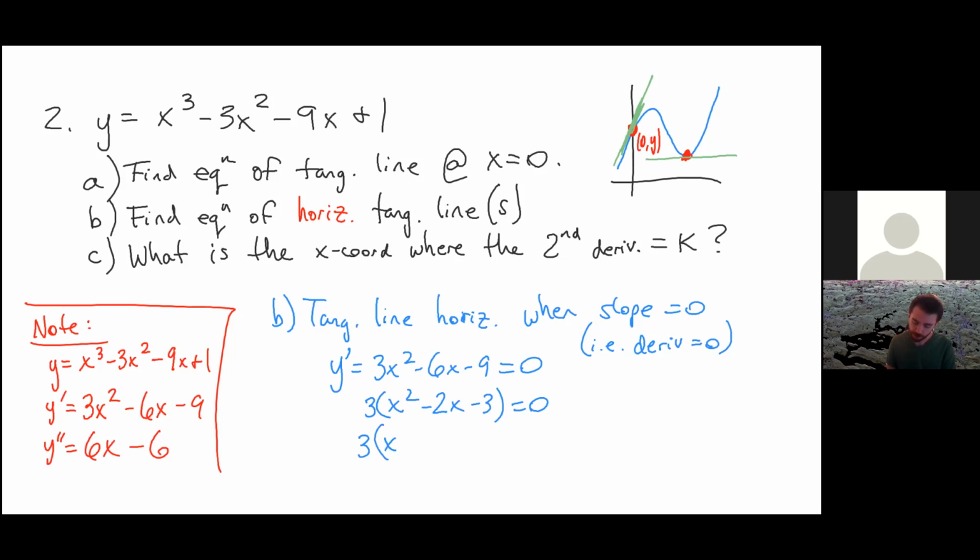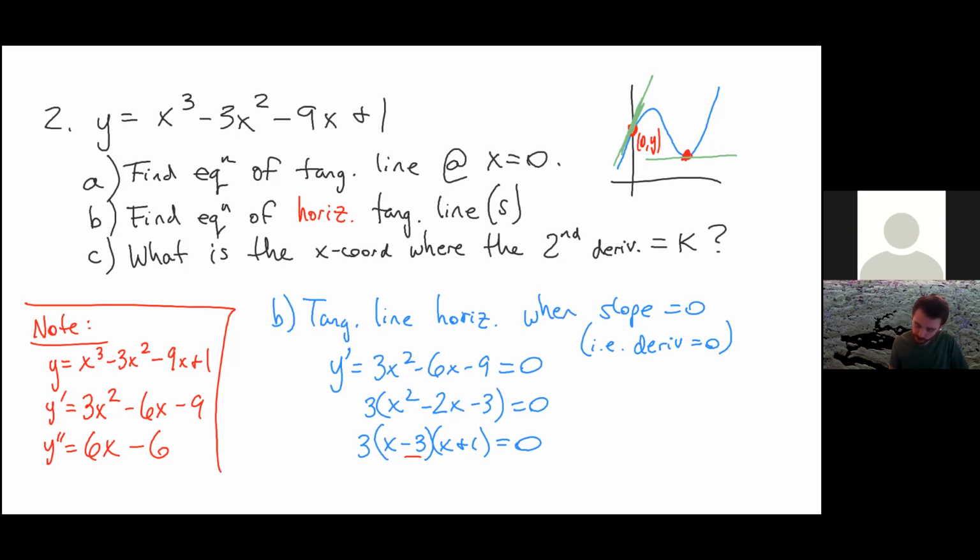That might take a little bit of thinking, but I would definitely have an x minus 3. And I think the other term would be x plus 1. Okay, we can FOIL that out to double check. Those terms give me my x squared term. Negative 3x plus 1x is negative 2x.